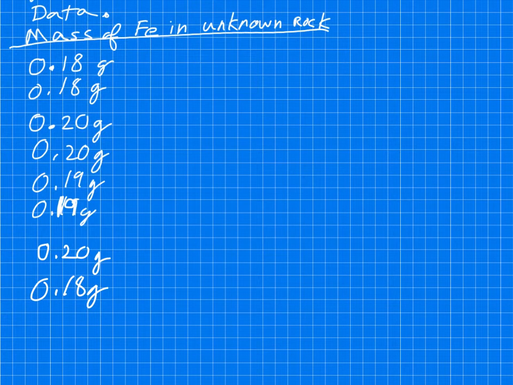Okay. So step 1 is we're going to calculate the average. And to do that, we're going to have to add up all the numbers in our data set here.